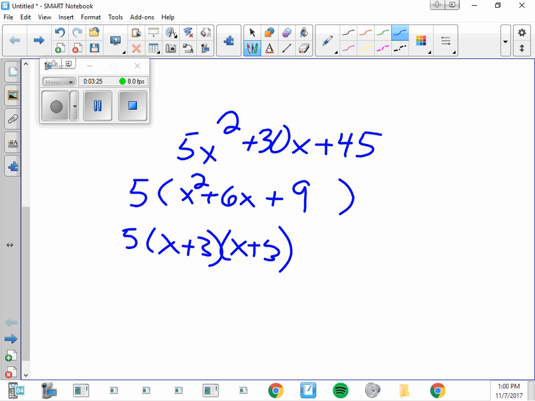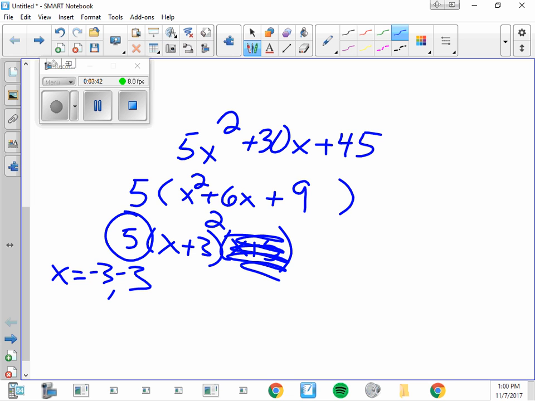Does that make sense to everybody? And you might as well just write that one like this. 5 times x plus 3 squared. Does the 5 affect the roots? No. The roots are -3 and -3.